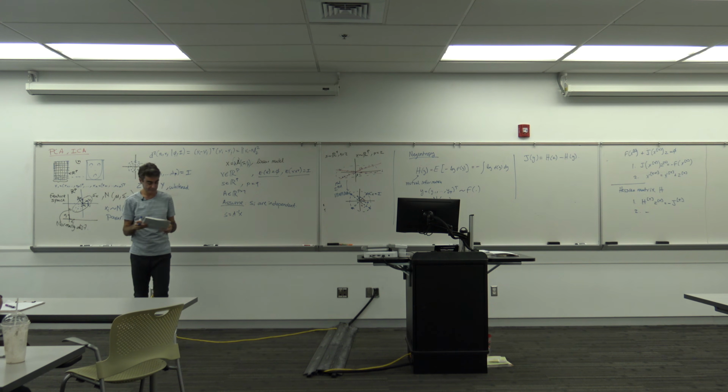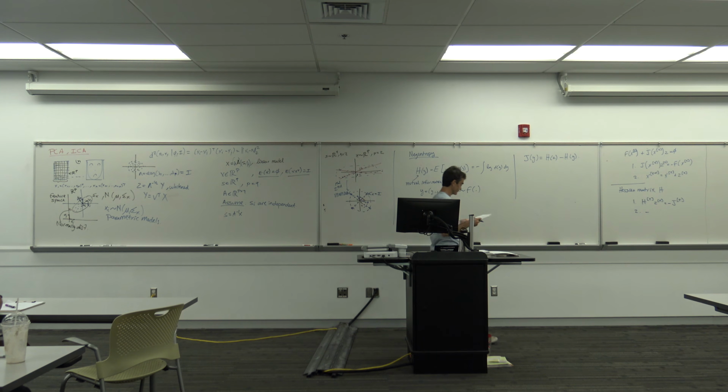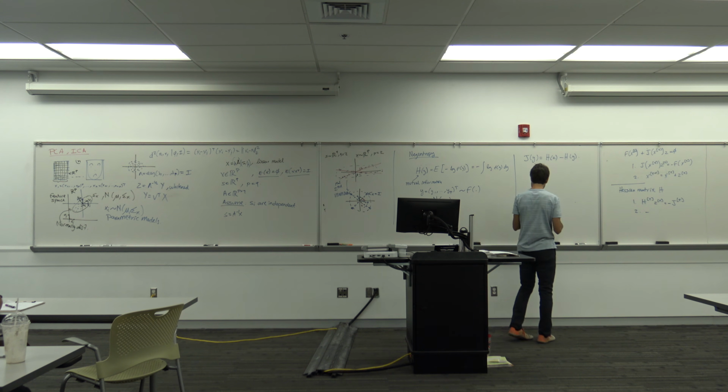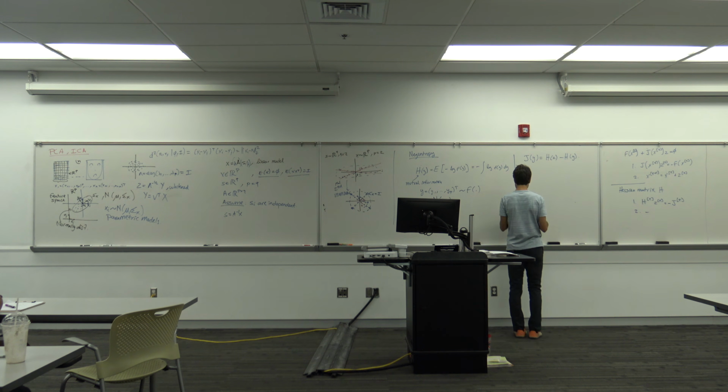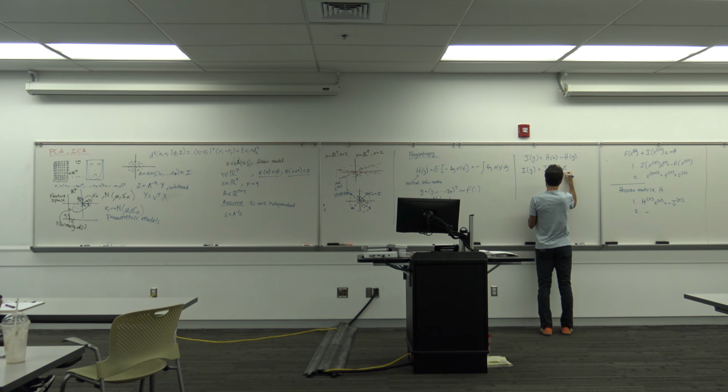Okay, so the mutual information, let's call it y, is going to be equal to J of y minus the sum over all the i's of J of yi.